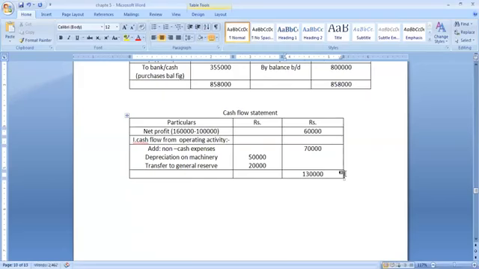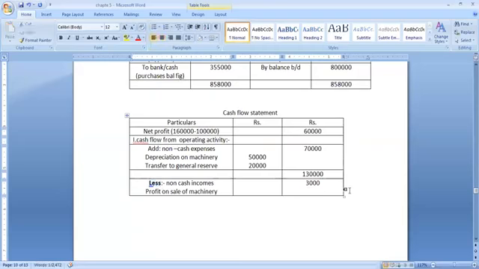So now in one more column, reduce the transactions which are relating to non-cash incomes. So which are the non-cash incomes here? You got profit on sale of machinery. So what is the profit on sale of machinery? It is 3,000. As there is only one transaction, directly write 3,000 in the outer column. So it should be reduced, reduction. Okay.